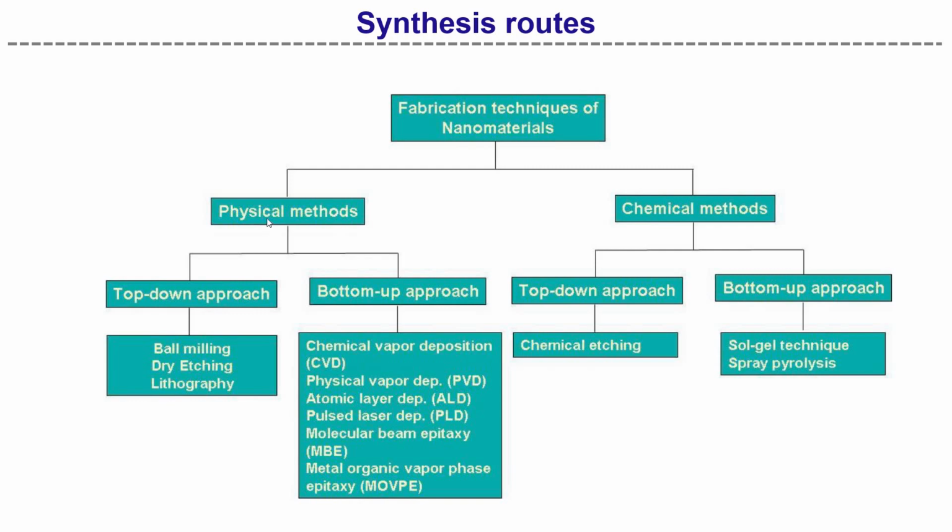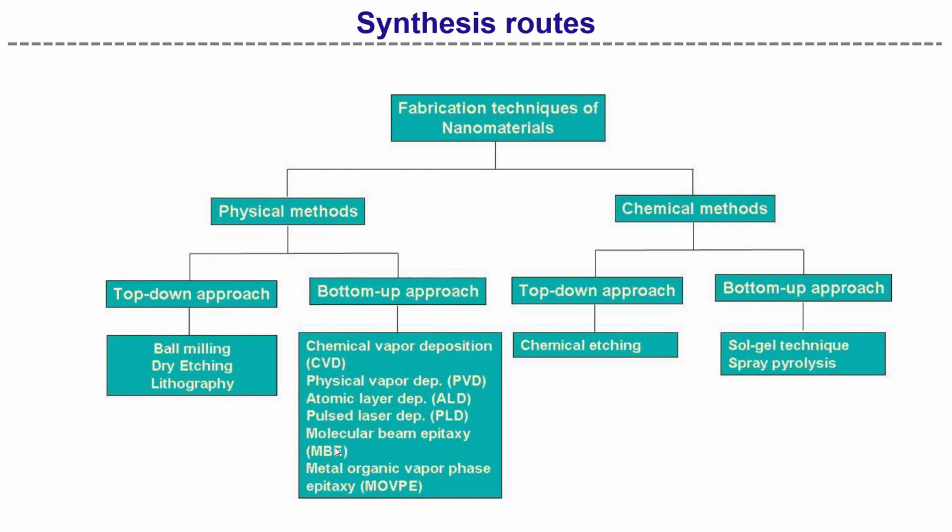In the physical method, again there are two approaches, top-down and bottom-up, as we discussed earlier. In the top-down approach, we have the ball milling method, dry etching method and lithography. In the bottom-up approach, we have chemical vapor deposition, physical vapor deposition, atomic layer deposition, pulse layer deposition, molecular beam epitaxy, and metal organic vapor phase epitaxy.